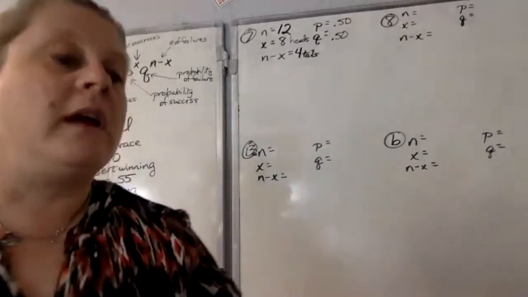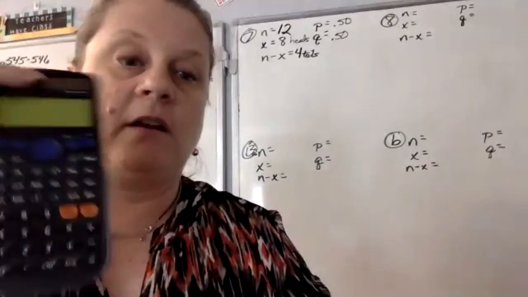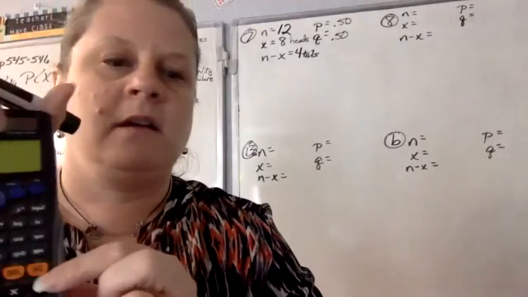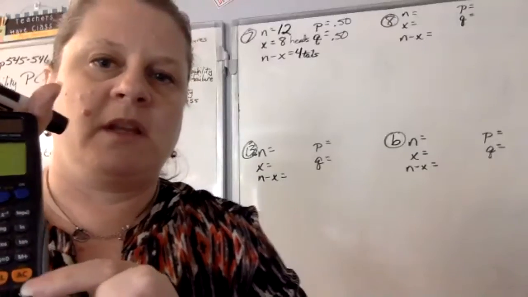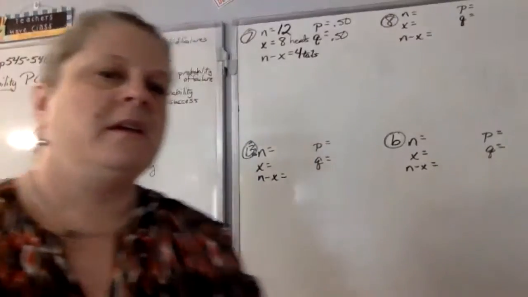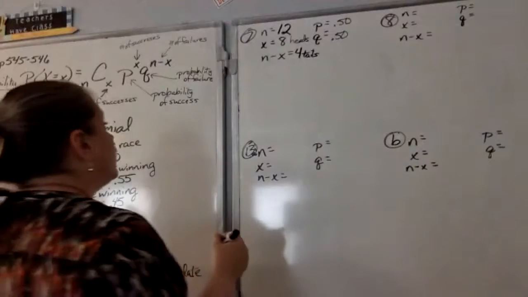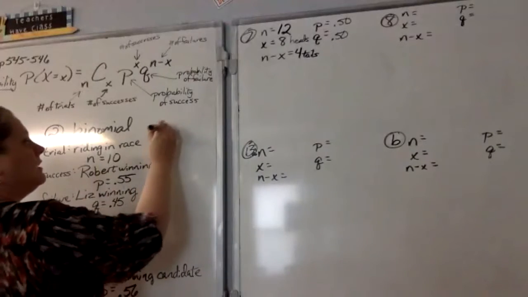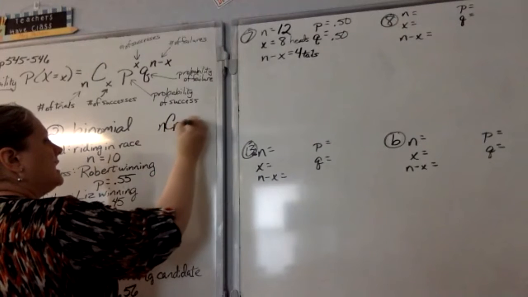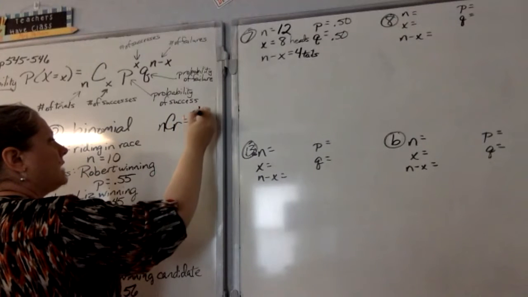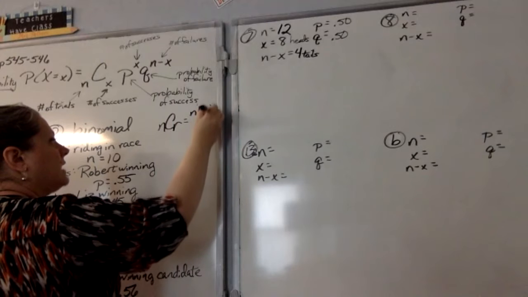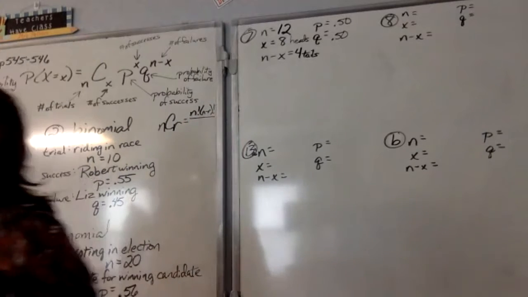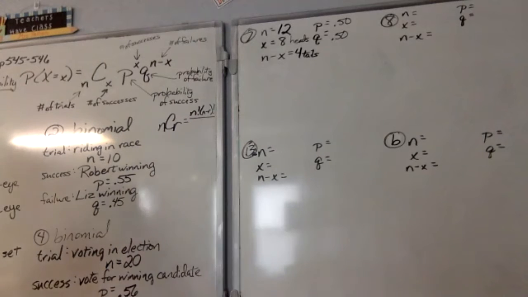Now, remember, if you have the scientific calculator, mine has the little nCr above my division key, you can just use that to plug it in. But if not, you can write it right here. nCr is equal to, remember, n factorial over r factorial times n minus r factorial.